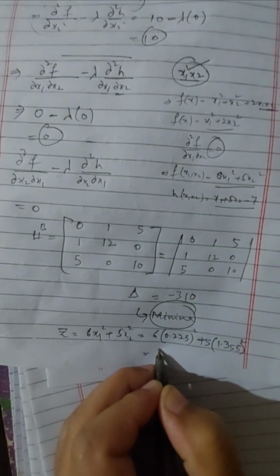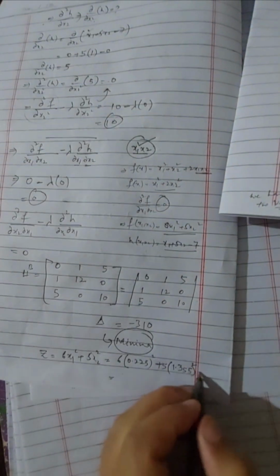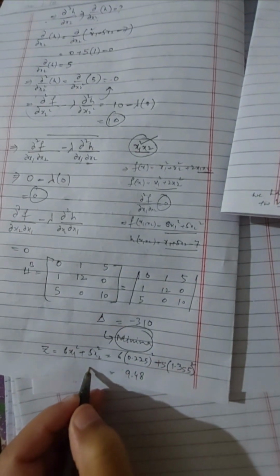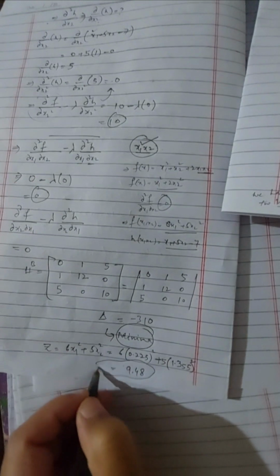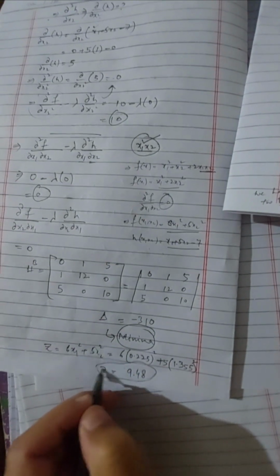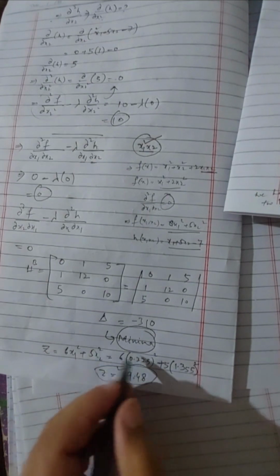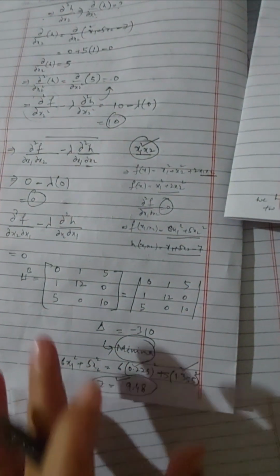It gets a value of about 9.48, and this is the best value for it, the minimum, optimized at x1 equal to 0.225 and x2 equal to 1.355.